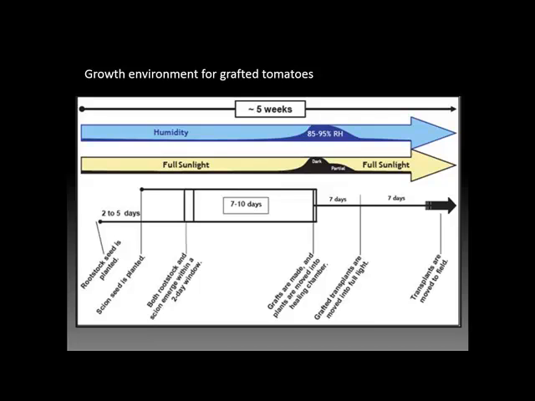So the main manipulations, in addition to performing the graft procedure, are in controlling the humidity and the sunlight available in the greenhouse where these grafted tomatoes are grown, grafted, and kept after the graft procedure.